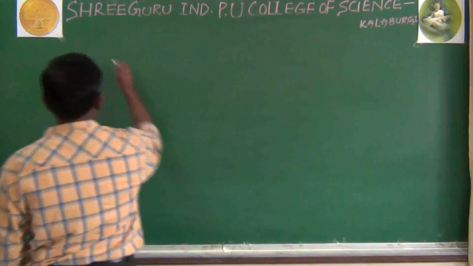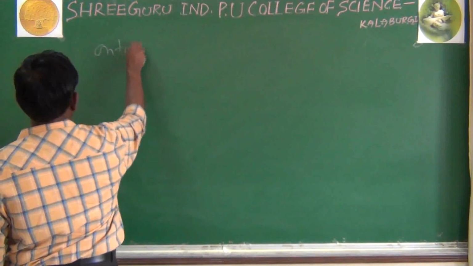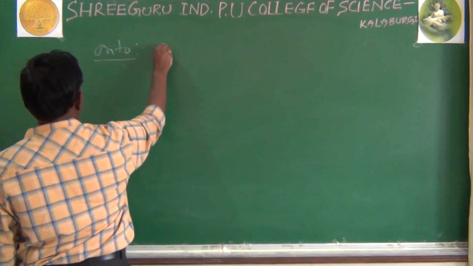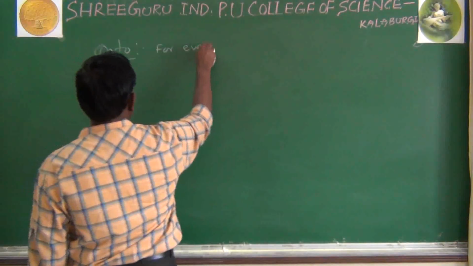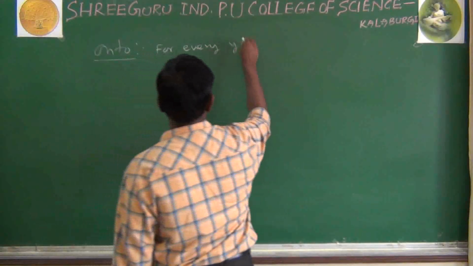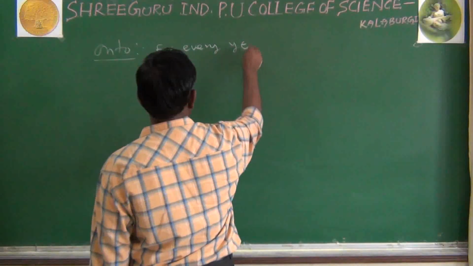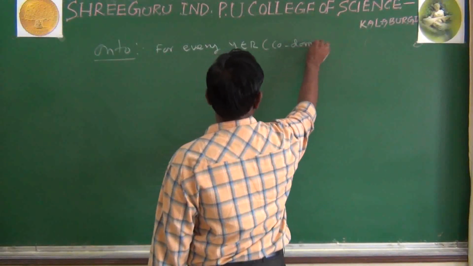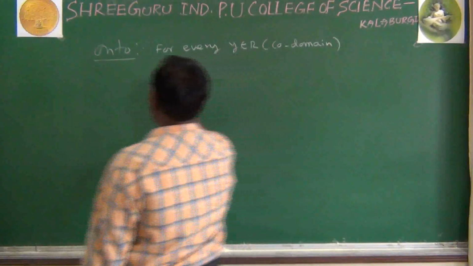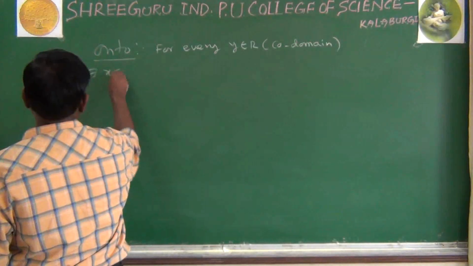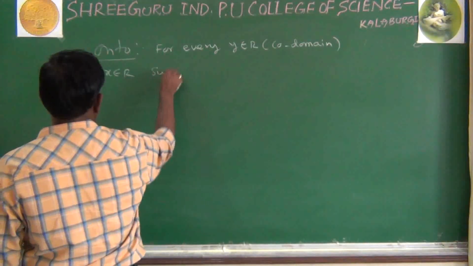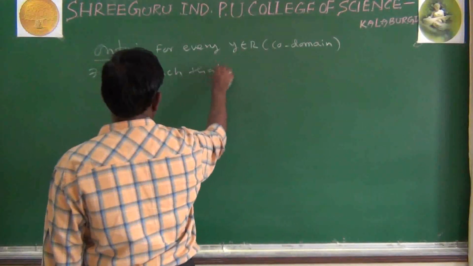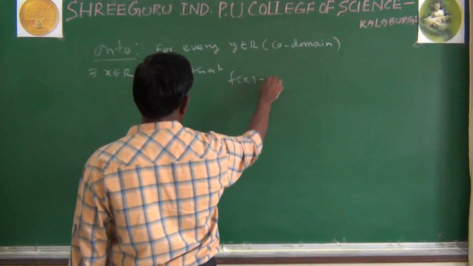Now take onto. What is onto? For every y belonging to R, the codomain, there exists x belonging to R such that f of x equal to y.